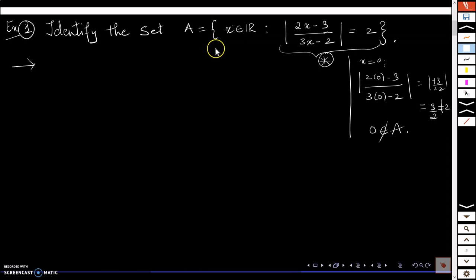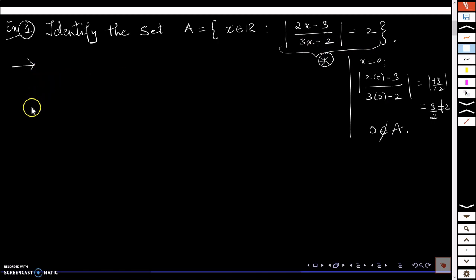Okay, so let's do this. First of all, this (2x minus 3) upon (3x minus 2) is inside the modulus, right? If the term inside the modulus, this fraction, is positive, then its modulus will be itself, and if it is negative, then it will be the negative of itself.